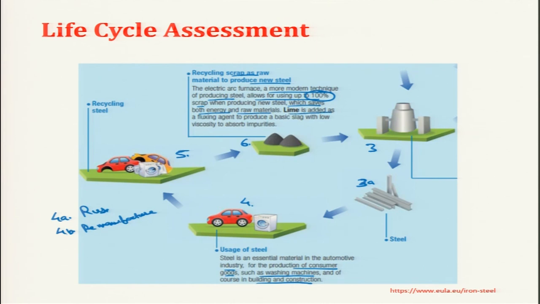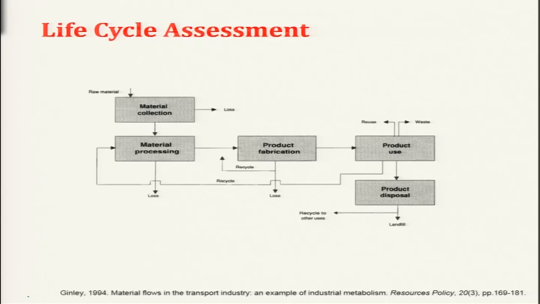Lime is added as fluxing agent to produce basic slag with low viscosity to absorb impurities. So, this is the material flow specifically in steel manufacturing that is taken as an example to illustrate how the flow from the extraction of the ore goes to the customer, then it again comes back to the manufacturing of the steel itself. So, this is one of the examples.